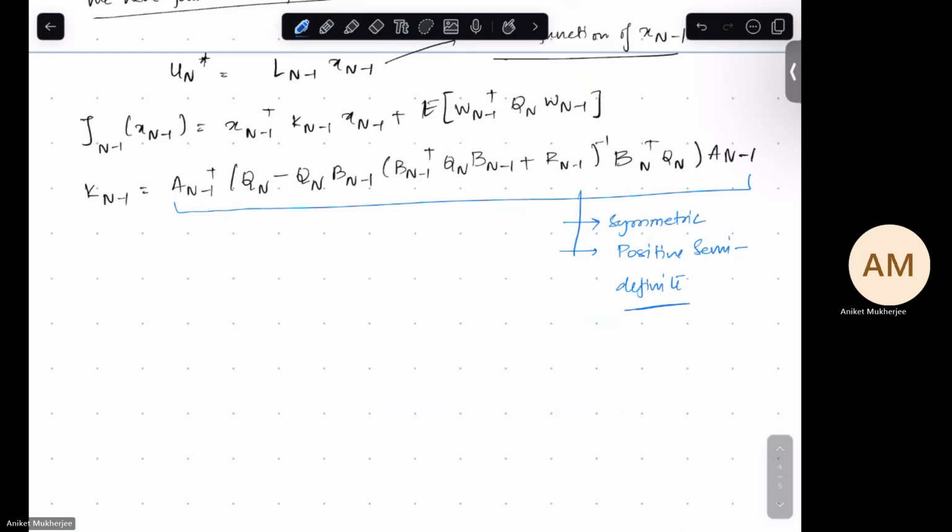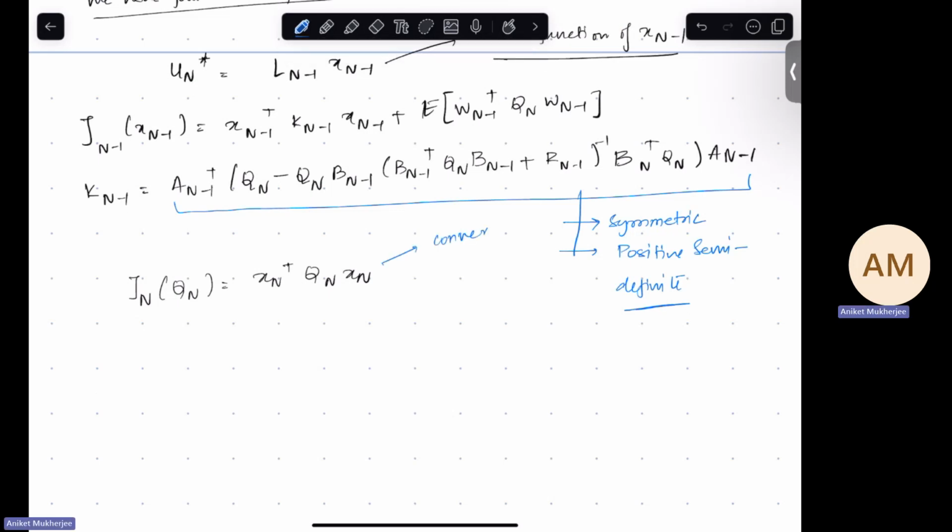Okay. So now the observation that we make from here is we have seen that Jn of Xn is of the form Xn transpose Qn Xn, right? This is convex.